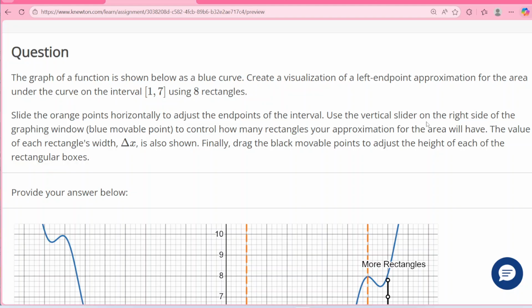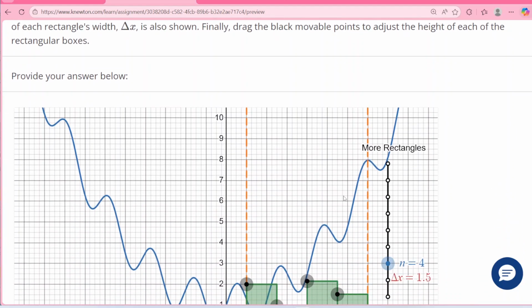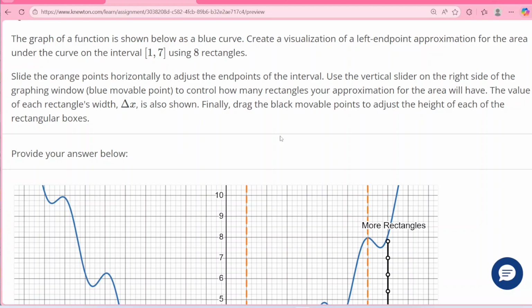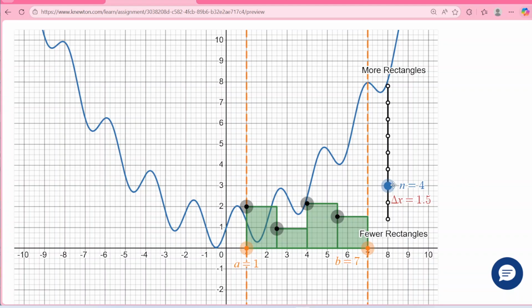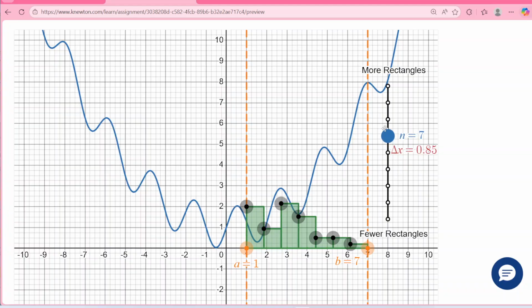Use the vertical slider on the right side of the graphing window, the blue movable point, to control how many rectangles your approximation for the area will have. They asked us for 8 rectangles. Right now it's n equals 4. So you see 4 rectangles shown up here. We want to move that up to 8.